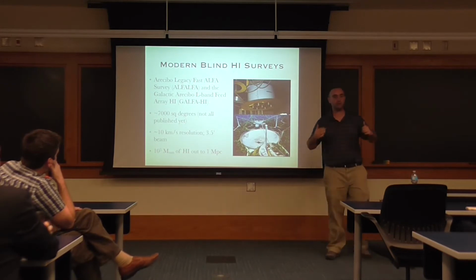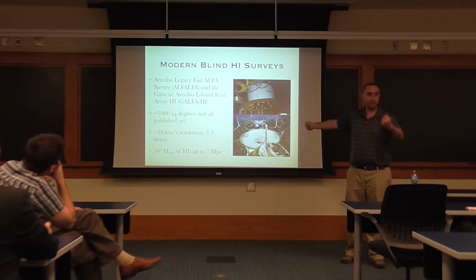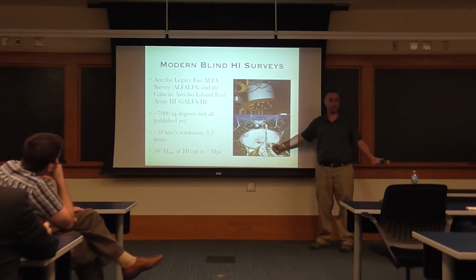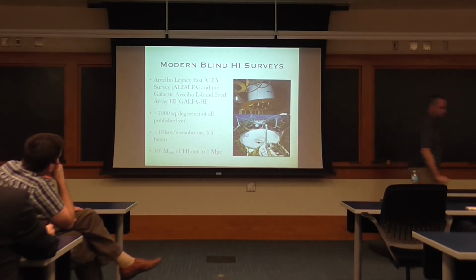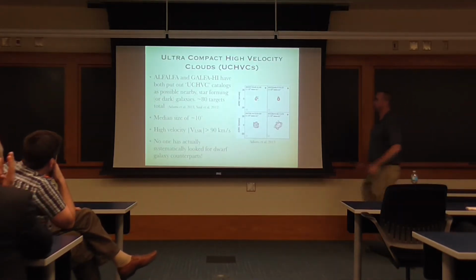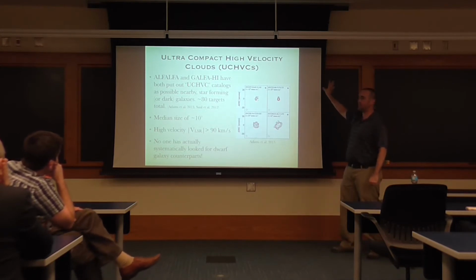If you imagine you have a blue star-forming galaxy just beyond the Local Group, you can find it in HI and then look at it in the optical and see if there's anything there. Or maybe there's just HI and no stars. Wouldn't that be fun? Of course, you can never measure the distance. So there's this new-ish class of objects, ultra-compact high-velocity clouds.